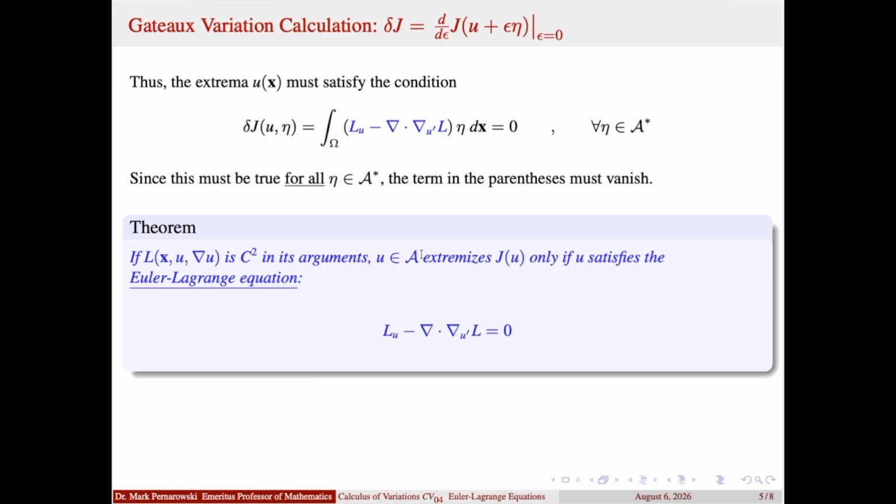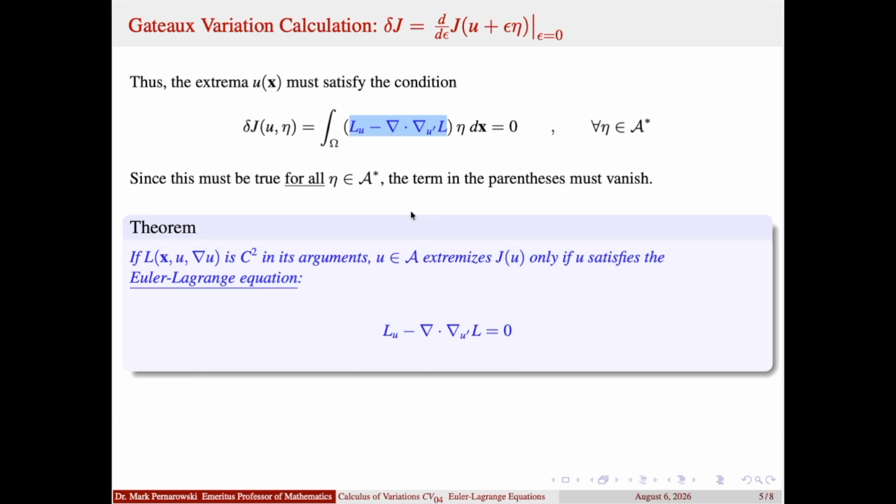So let's summarize that. We've got the first variation of u in the direction of eta equal to this volume integral of an expression times eta, which is an arbitrary function in the admissible variation space. Since eta is arbitrary and continuous, and the parentheses term is assumed to be continuous, we can conclude that the parentheses term must vanish.